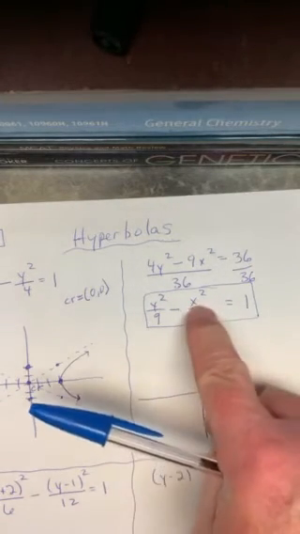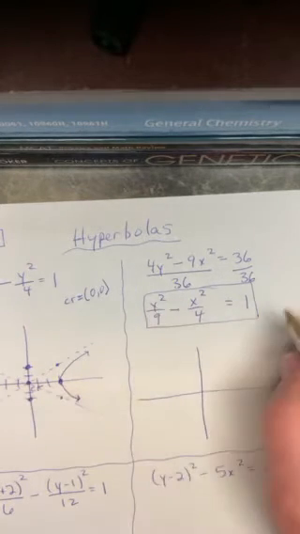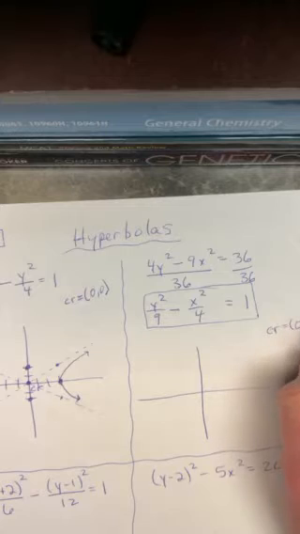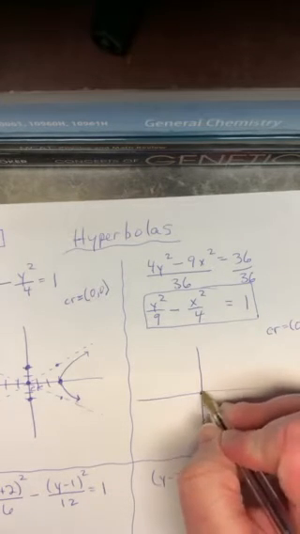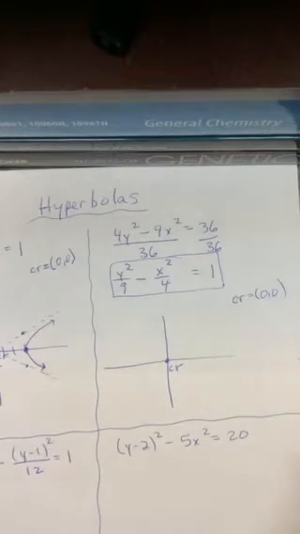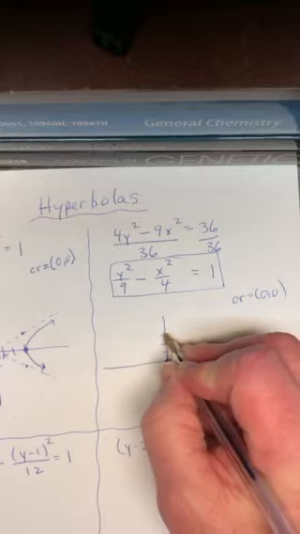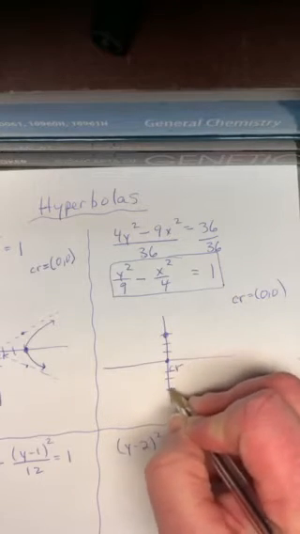Hey guys, I got good old x squared and a good old y squared, right? So the center again is 0, 0. Put a dot on the origin and put C. Now careful, the y squared has a 9 under it, so I'm going to go up 3, down 3.